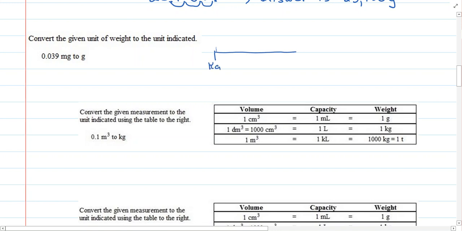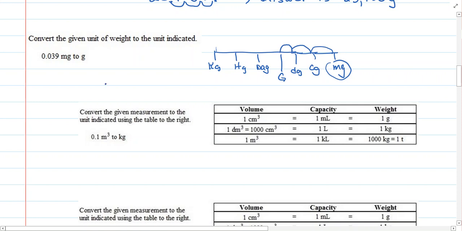All right. So let's see what we have. So this is kilograms, hectograms, decagrams, grams, decigrams, centigrams, and milligrams. All right. So we're at milligrams, and we're going to the left this time. 1, 2, 3.